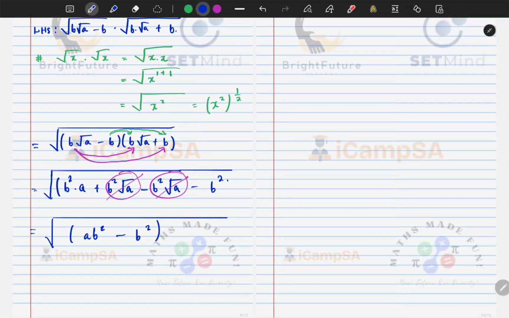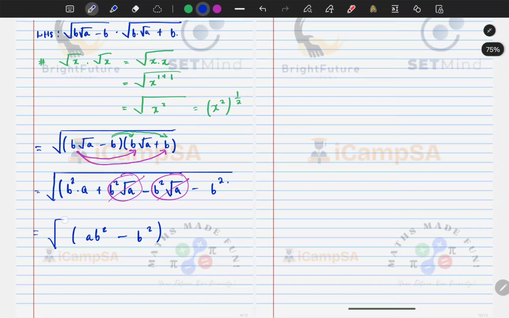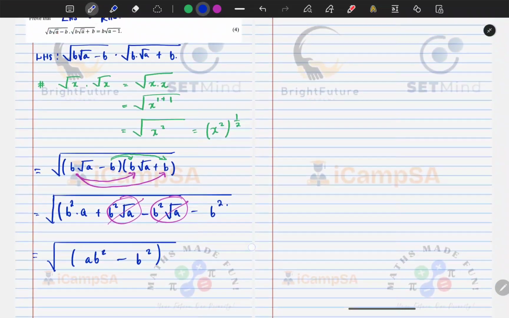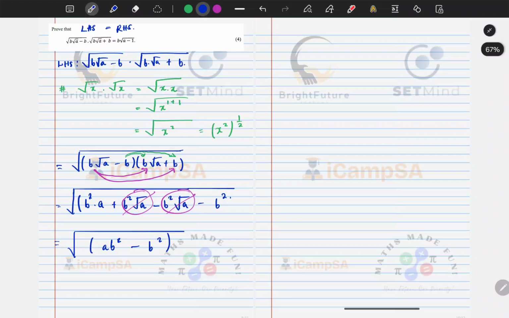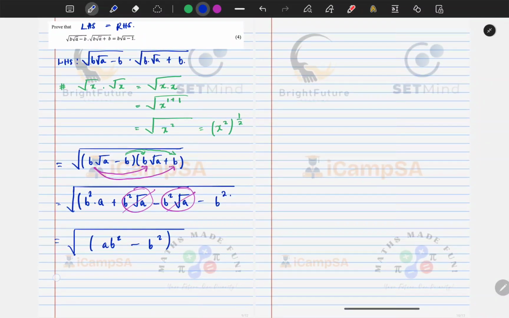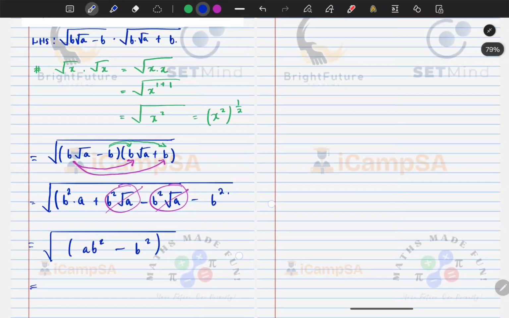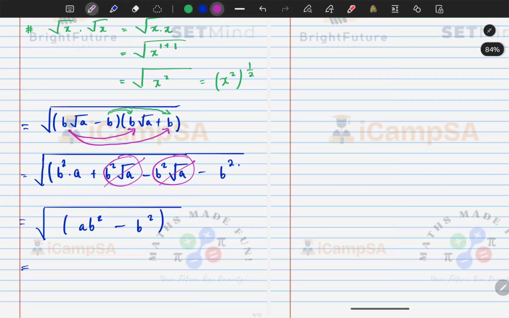So remember what we wanted to prove. This is a long line, it's not necessary. We wanted to prove that it can be written in that way. So what we are going to try and do is take out b squared as your common factor.